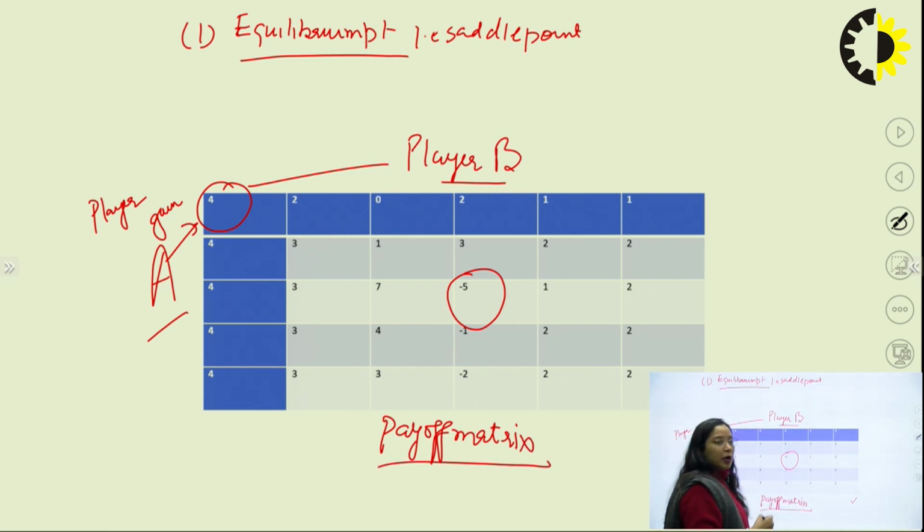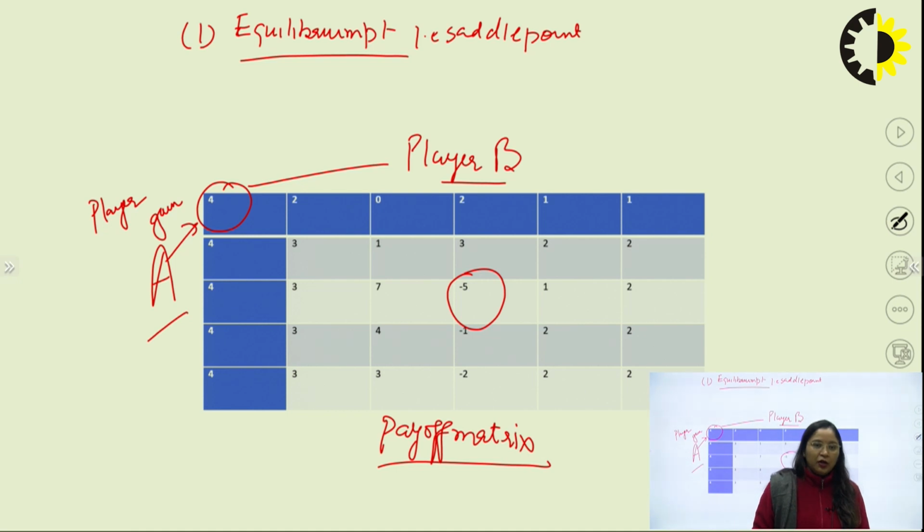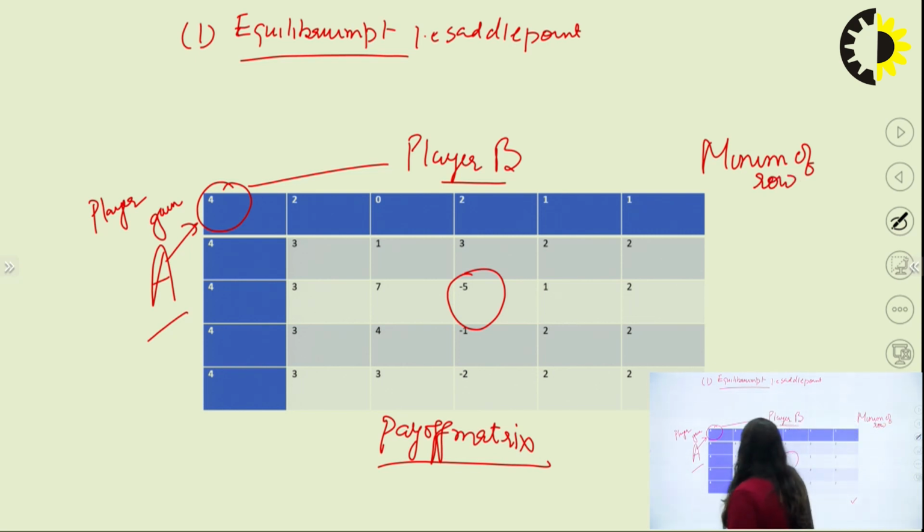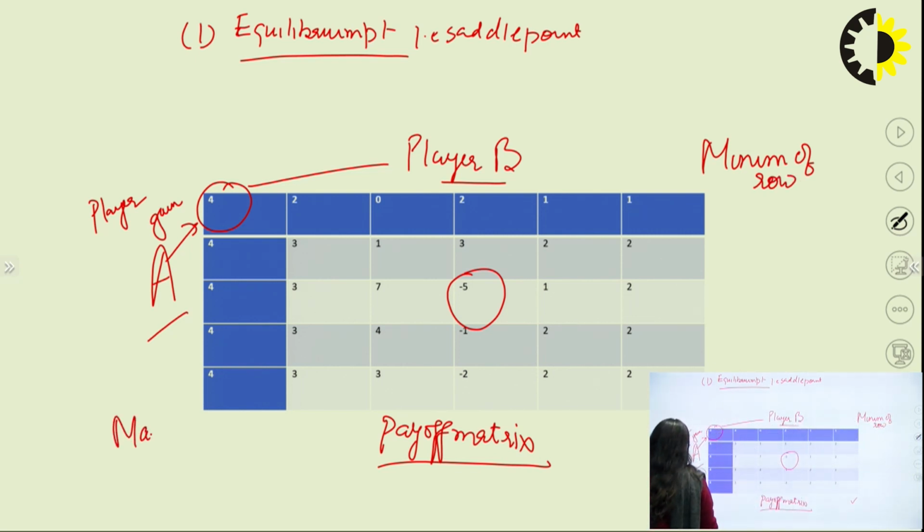Before solving for the value of the game, the value where we can find the equilibrium, we have to find the saddle point for this particular game. What we have to do is find the minimum of each row and the maximum of each column.